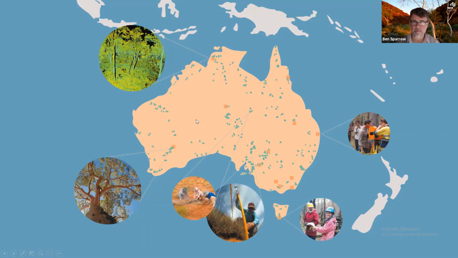The surveillance team, these are all the dots there, and we'll cover this a bit more later, that's going out and measuring plots right across the country in a consistent, standardized way at many places.